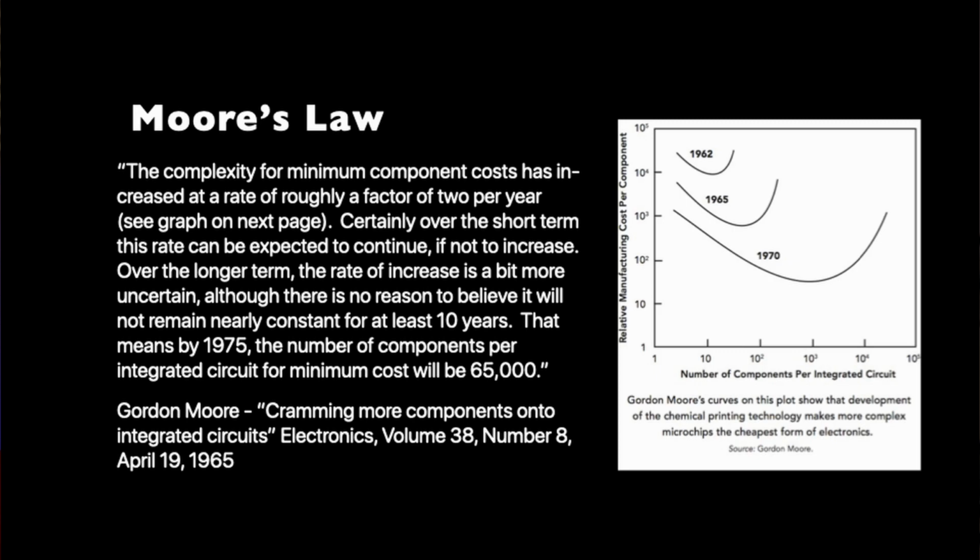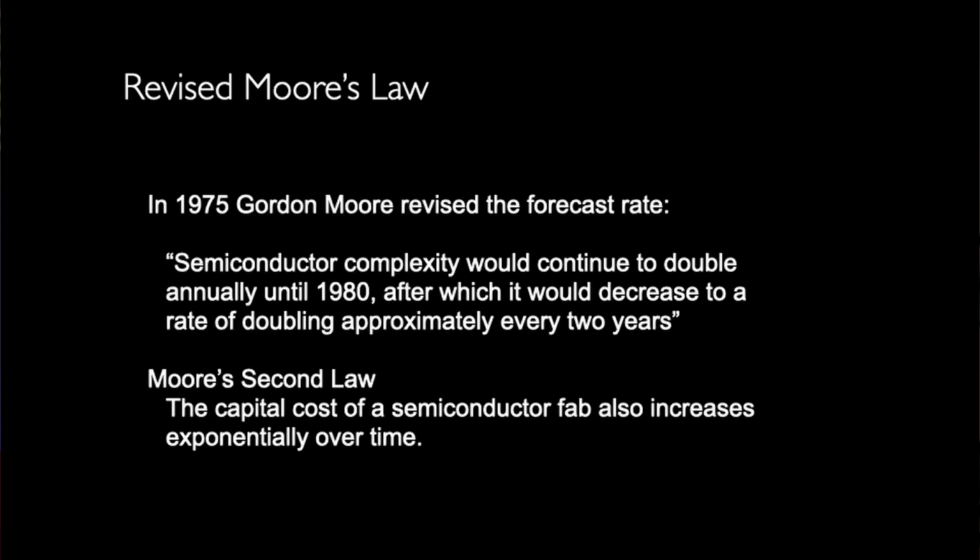Over the longer term, the rate of increase is a bit more uncertain, although there is no reason to believe it will not remain nearly constant for at least 10 years, which means by 1975, the number of components per integrated circuit for a minimum cost will be 65,000. And later on, he revised this, but we'll talk about this in context.